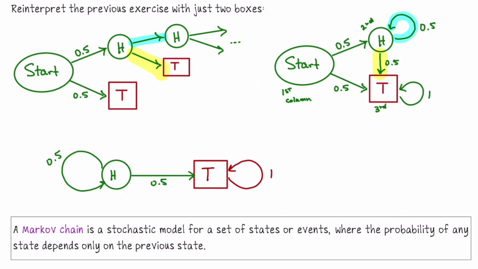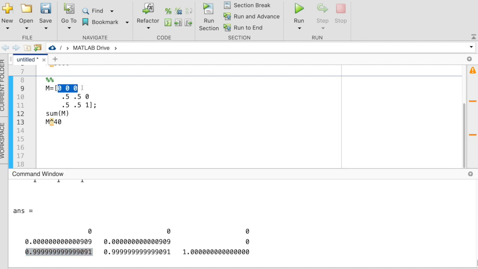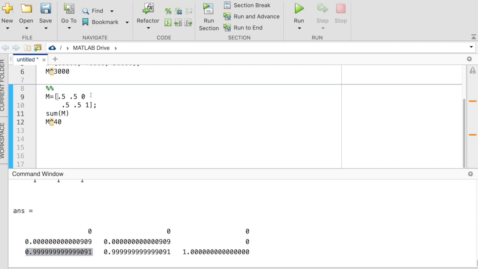In this case, our matrix is only going to have two columns, heads and tails. And it's going to look like 0.5, 0.5, 0, and 1. Okay, so if I take this matrix M here, let me just edit it and get rid of this first column, like that.